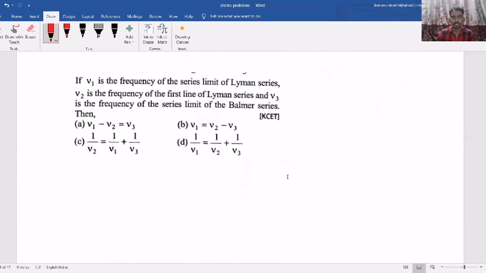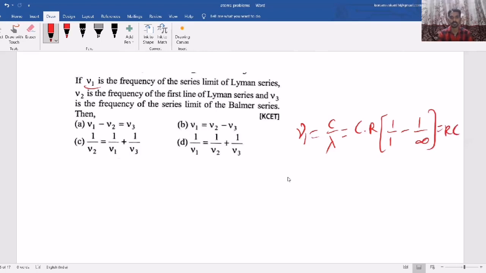Now let's take one last and final question. Here nu1 is the frequency of the series limit of the Lyman series. So for series limit, nu1 equal to c by lambda, and 1 by lambda means R into, for the Lyman series n1 is 1, and for series limit n2 is infinity.